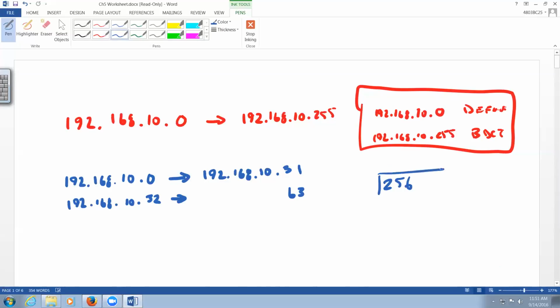What happens if we divide that by 8? We get 32. So now each one of our networks is 32 addresses for the hosts, because we borrowed 3 bits that are now /27, and we have 5 zeros. 2 to the 5 is 32 for each one of our subnets.